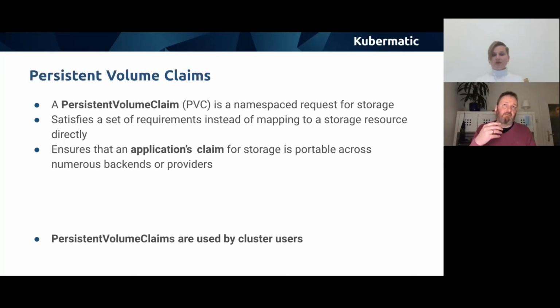Let's say I have a 50 gig volume and I have a 200 gig volume, and I want to have in my claim 100 gigabytes. Then the system should not use the 50, but the 200 is okay because it has the size 100 gig and even more. So I describe inside this claim what I want to have and not exactly which volume I want to have.